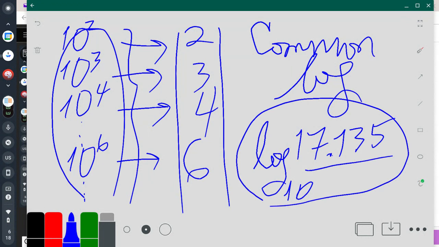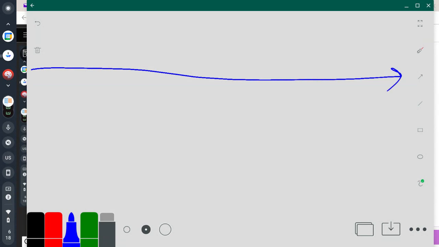So what do we use the log for? Suppose we want to show the distance between the Earth and our nearest solar system, Alpha Centauri, right?